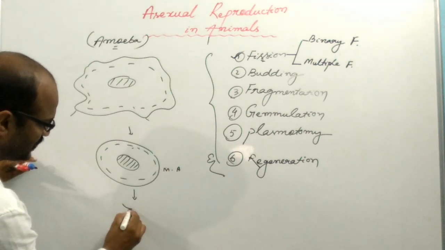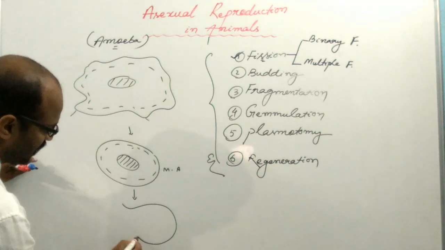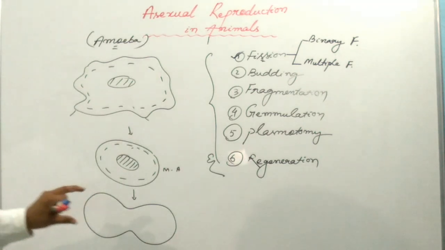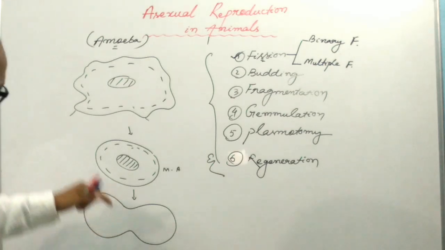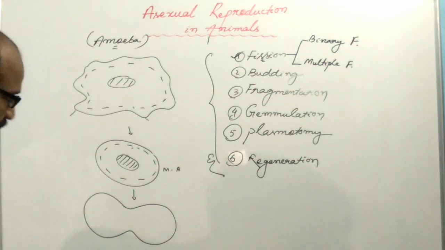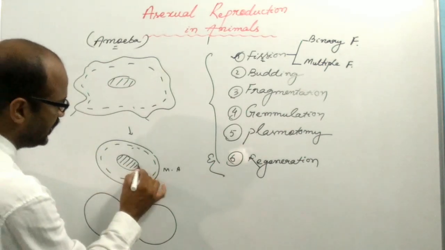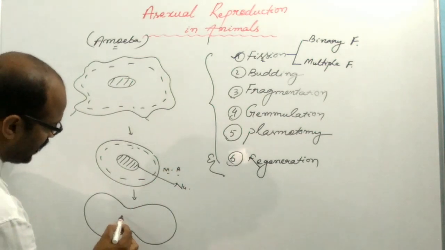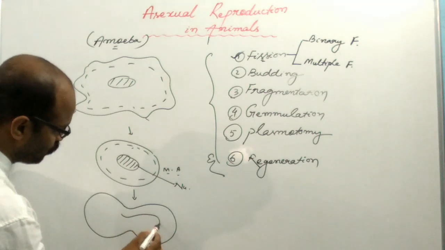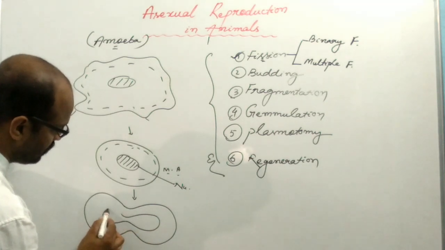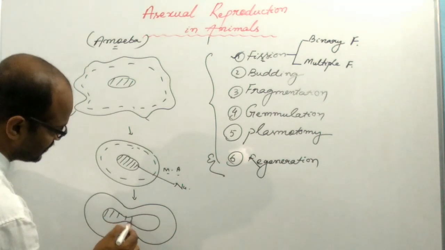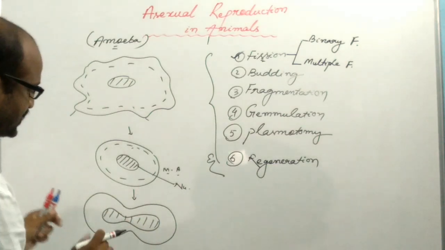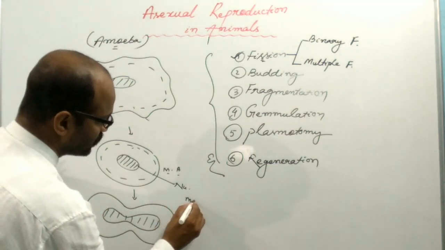This is the constriction which appears in the middle, but first the nucleus of the mother amoeba divides into two by the mitotic process. So the division of the nucleus takes place by mitosis.